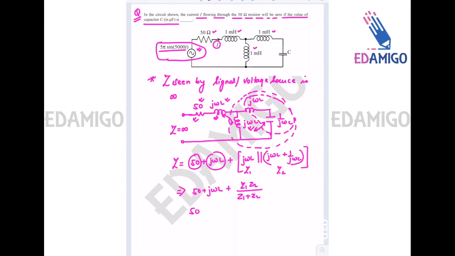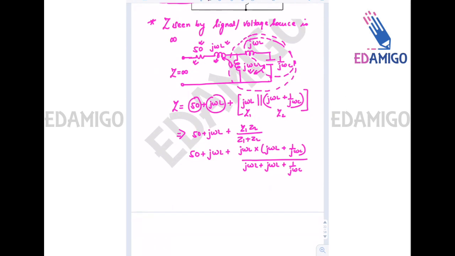So it is 50 plus j omega L plus j omega L multiplied by j omega L plus 1 upon j omega C, divided by j omega L plus j omega L plus 1 upon j omega C. This whole term will be infinity when the denominator is equal to 0.